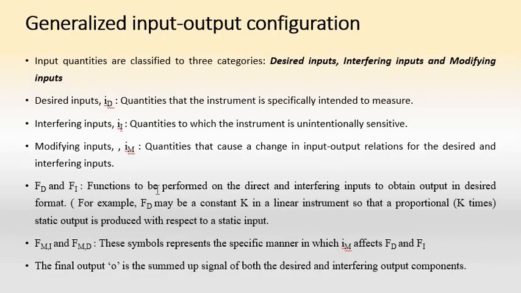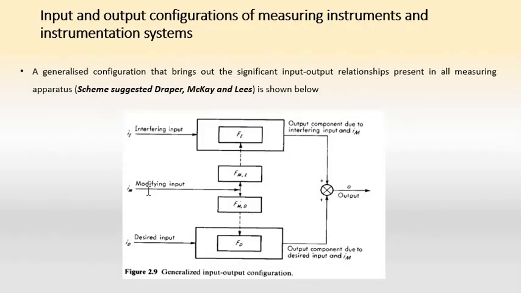So FD and Fi are the functions or constants to be performed on the desired and interfering inputs to obtain output in the desired format. For example, if this overall system is a linear system, then the values of Fi and Ft will be constants, and the output component will be a constant times the input, so that if you plot output against input as a graph, we will obtain a linear relation.